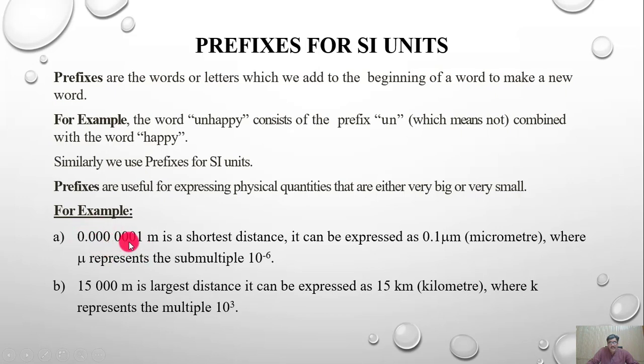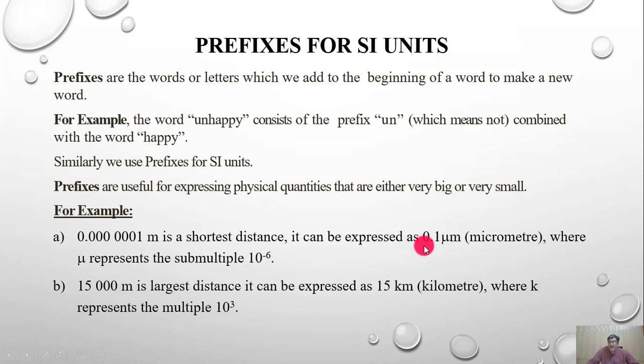So to express this, we write 0.1 micrometer. This micro is a prefix, where micro represents the submultiple of 10 raised to the power minus 6. This micro is changing these 6 zeros into a submultiple of this number.